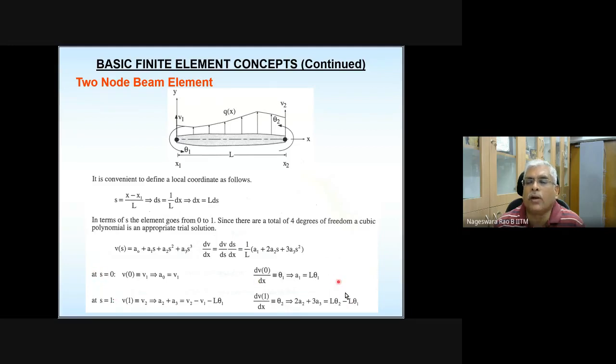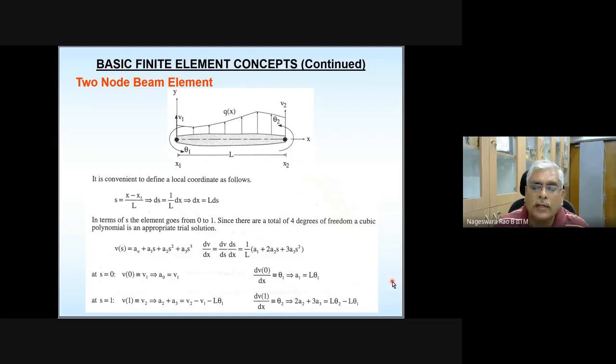Please take a note of these last 2 equations, at S is equal to 0 and S is equal to 1. When I say please take a note of this, please do it, because if you want to understand clearly, you need to write these things. Please take a note of these 4 equations.